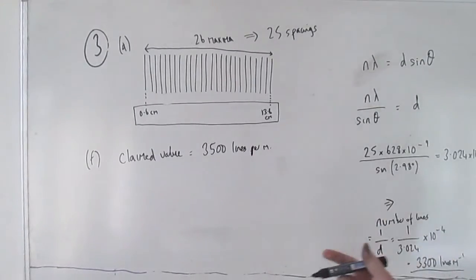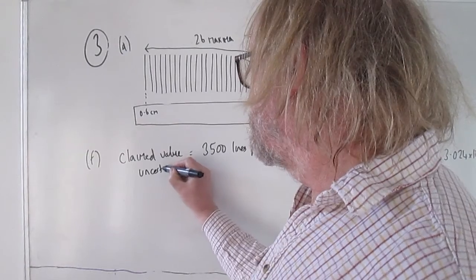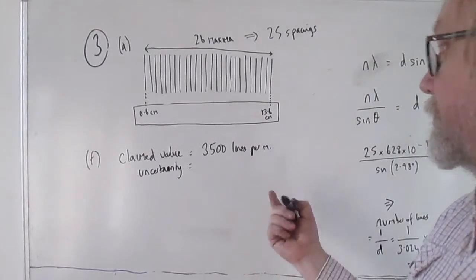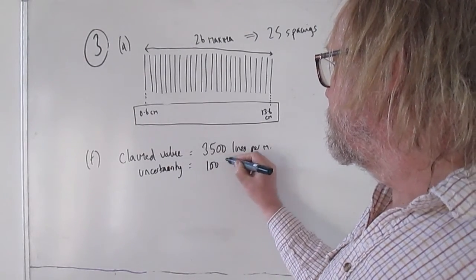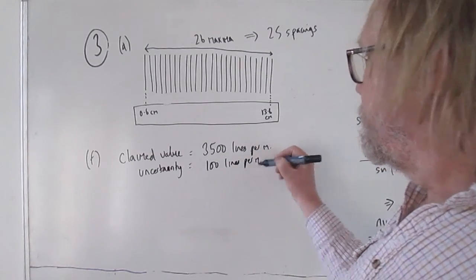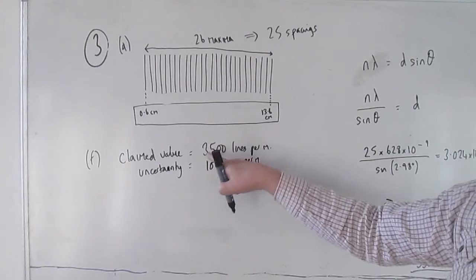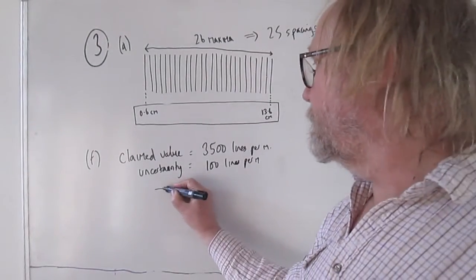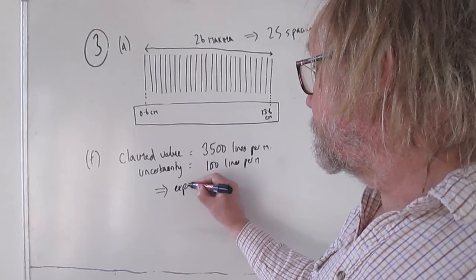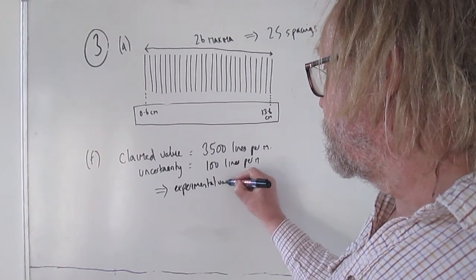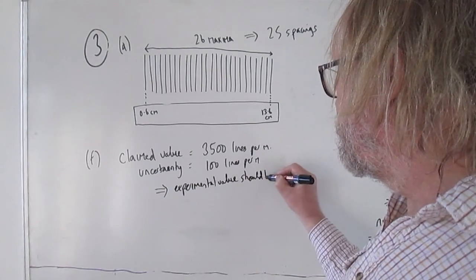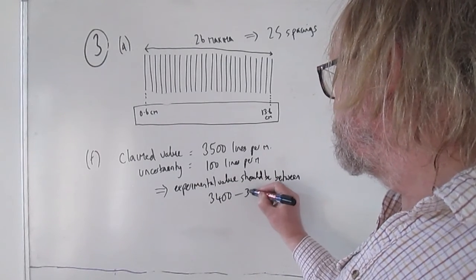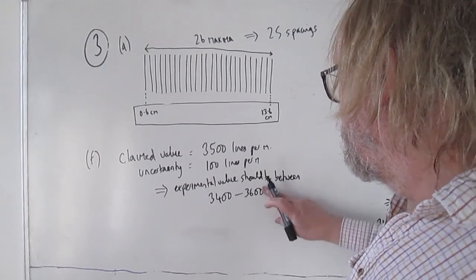So remember, we decided that the uncertainty was 100 lines per metre, because you can see the resolution of that is to the nearest 100, so the uncertainty, the resolution, is 100 lines per metre, which means that the experimental value should be between 3,400 and 3,600 lines per metre.